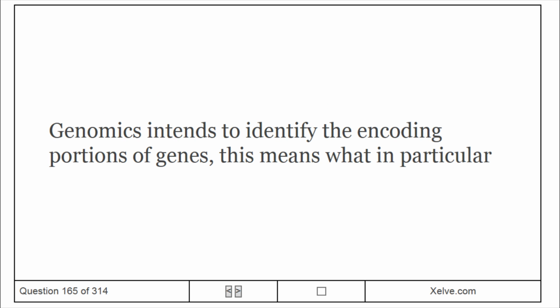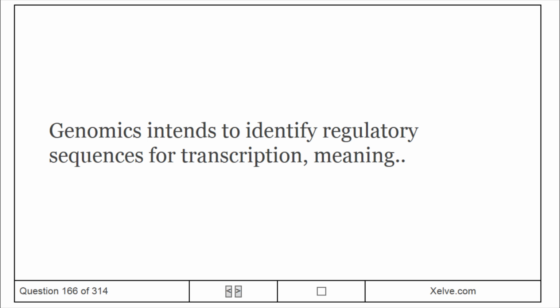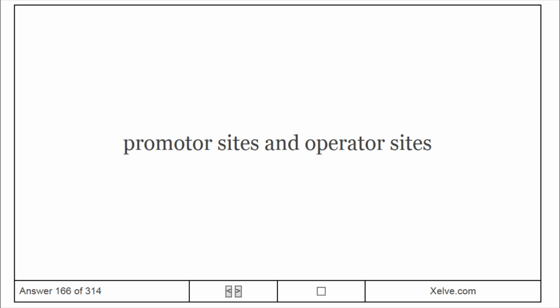Genomics intends to identify the encoding portions of genes. This means what in particular? Genes for proteins, tRNA, rRNA, small nuclear RNA. Genomics intends to identify regulatory sequences for transcription, meaning promoter sites and operator sites.